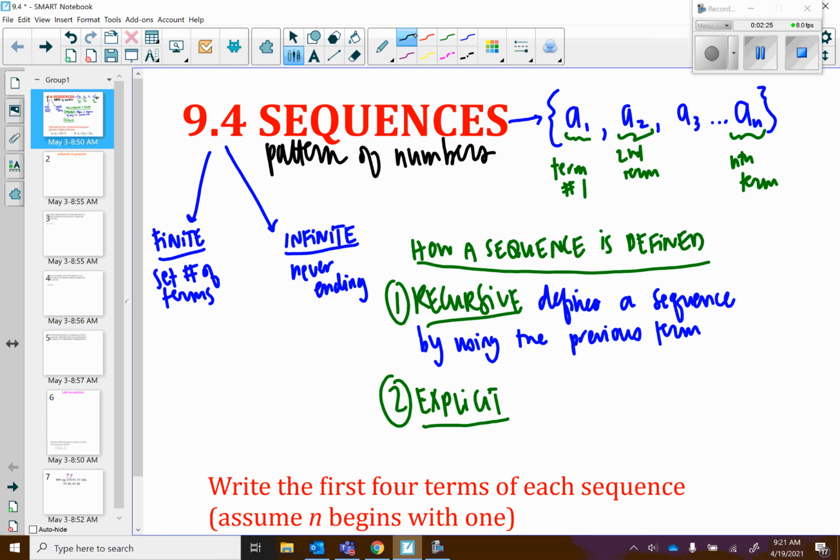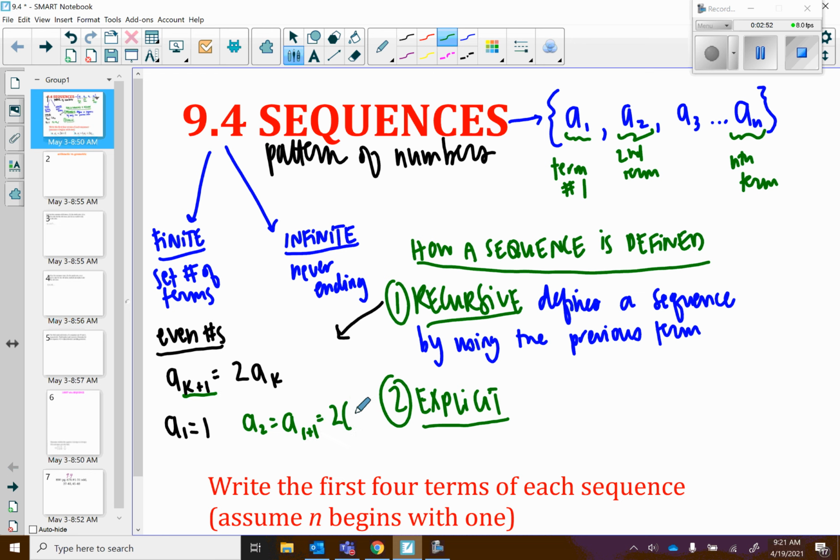So one example of a recursive sequence could be if we consider the even numbers, where let's say the k plus 1 term is equal to 2 times the k term, where a sub 1 is equal to, we'll go with 1. So that would mean our second term, which is a sub 1 plus 1, is 2 times our first term.